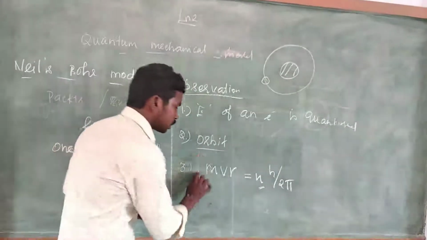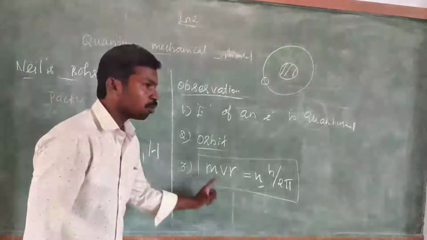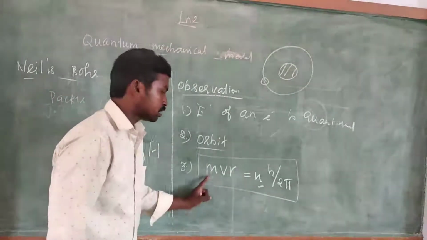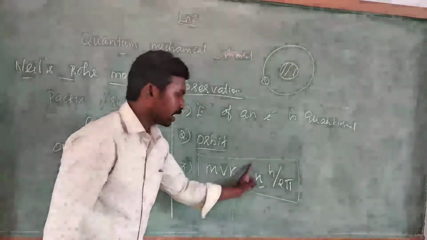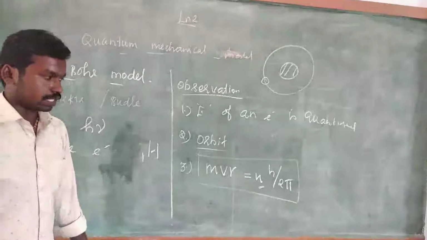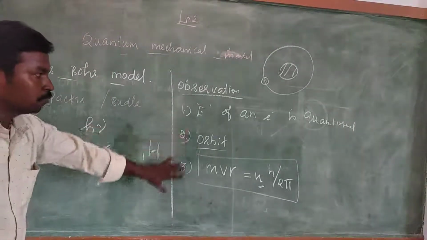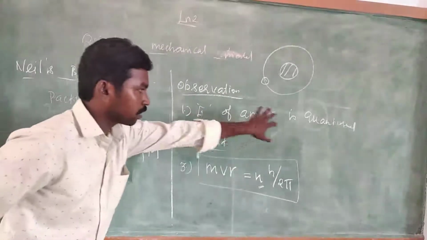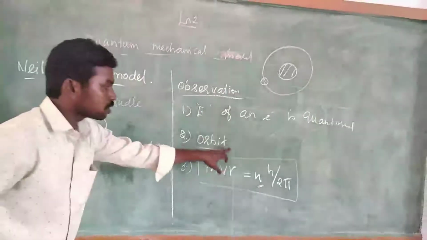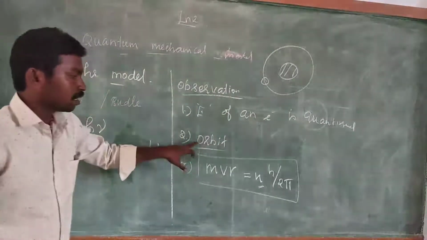So this is the third point. What is he saying in the third point? The angular momentum of an electron, that is MVR, is an integral multiple of h by 2 pi. That is the third postulate given by Niels Bohr. What are the 3 points I have told you? First, the energy of an electron is quantized. Then electrons are allowed to move only in fixed paths, and those paths are called orbits.